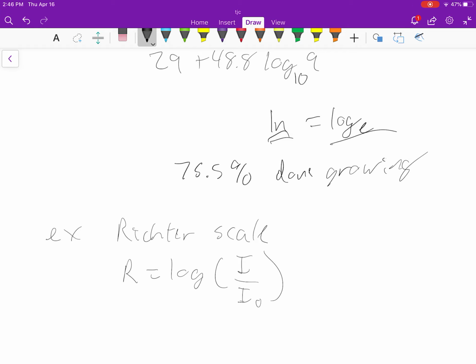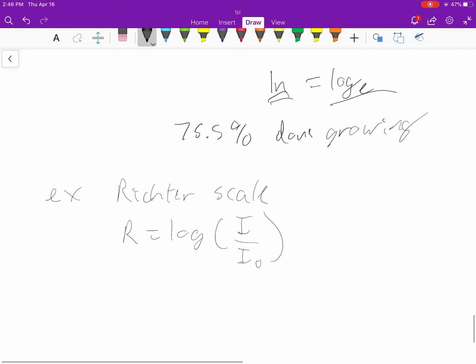So let's say you have an earthquake that is 10 to the 8th I naught. What's 10 to the 8th? We have 8 zeros here, right? 1, 2, 3, 4, 5, 6, 7, 8.